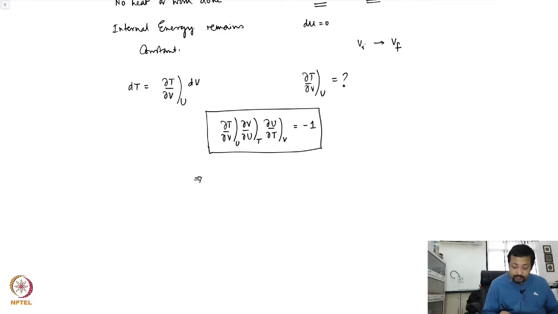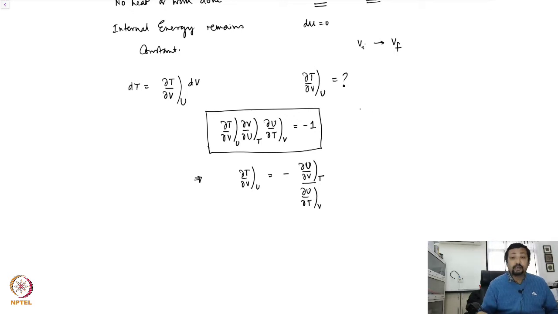And this implies that I have (∂T/∂V)_U is minus (∂U/∂V)_T divided by (∂U/∂T)_V.